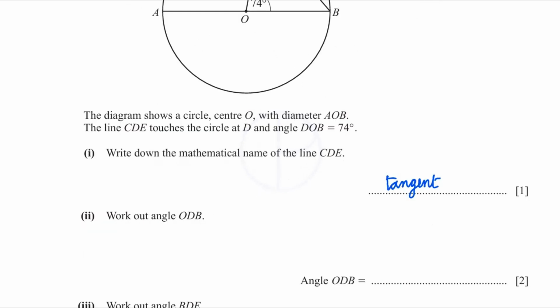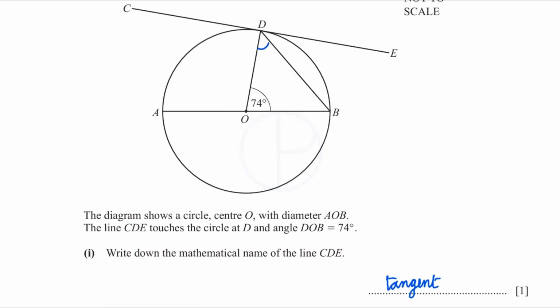Next, work out ODB. So here OD and OB are radius of the circle. So the triangle ODB is an isosceles triangle. So angle at D and angle at B are equal. Let me mark this as x.